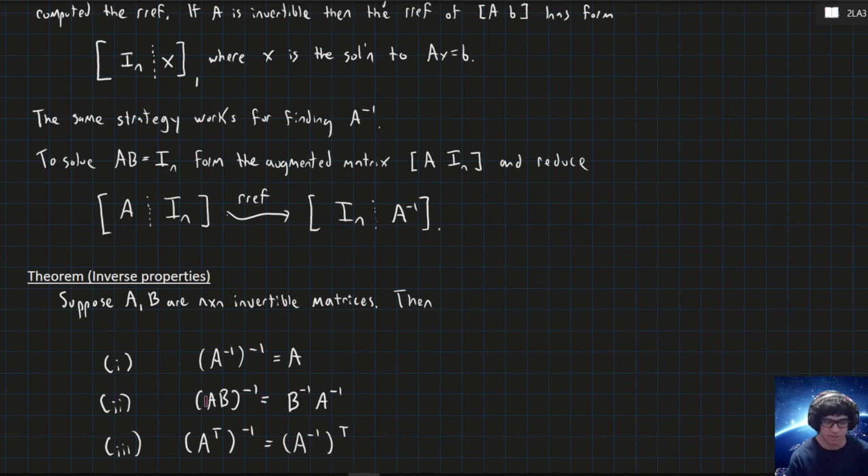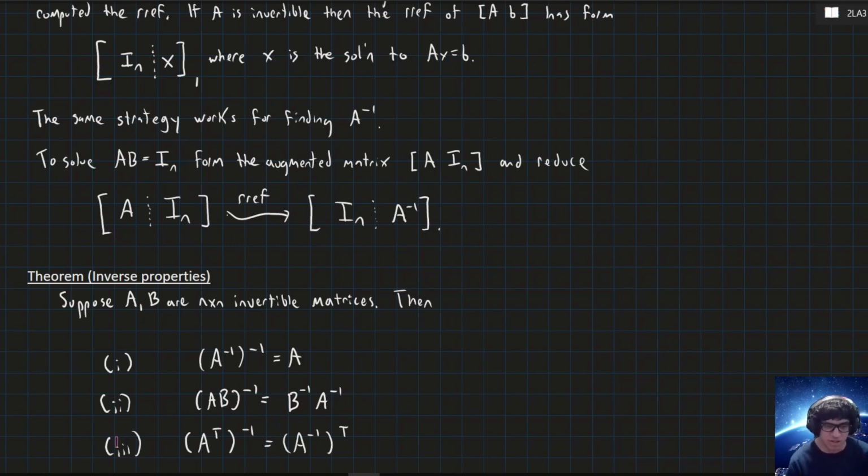Part 2 talks about taking the inverse of a product. It's a similar rule to the transpose. In fact, it's the same rule, right? Taking the inverse of a product, put the inverse on both of the factors, but you reverse the order.